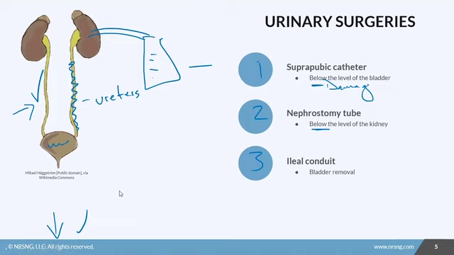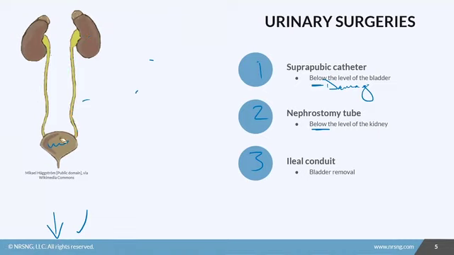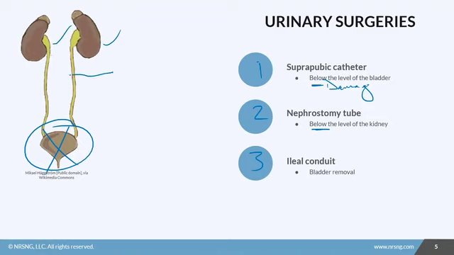The last one is the ileoconduit. What the ileoconduit is: if a patient has to have a complete bladder removal and they can't void, well, the kidneys are still good. What we have to do is redirect these. So if this is ileum, the surgeon will come in and redirect their ureters.